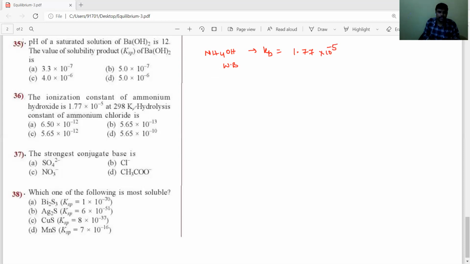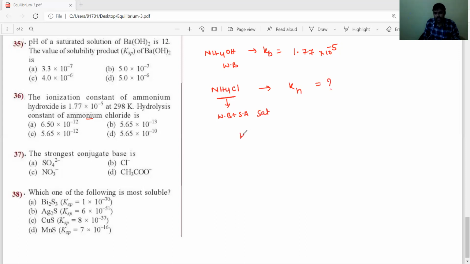Next, the hydrolysis constant of ammonium chloride, NH4Cl, they asked. This NH4Cl is a weak base plus strong acid salt. Its hydrolysis constant Kh we have to find out.